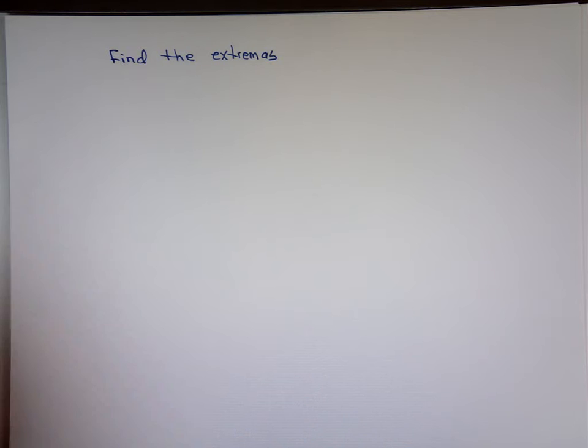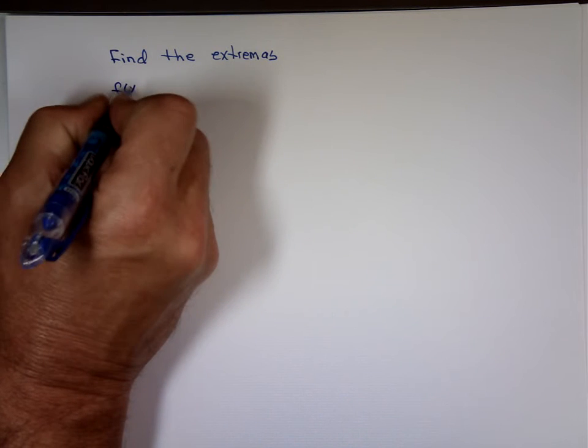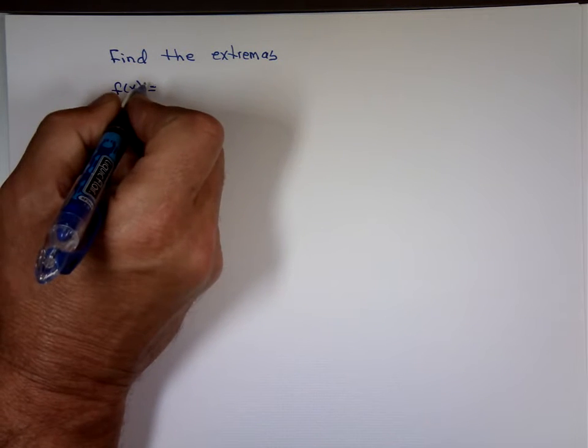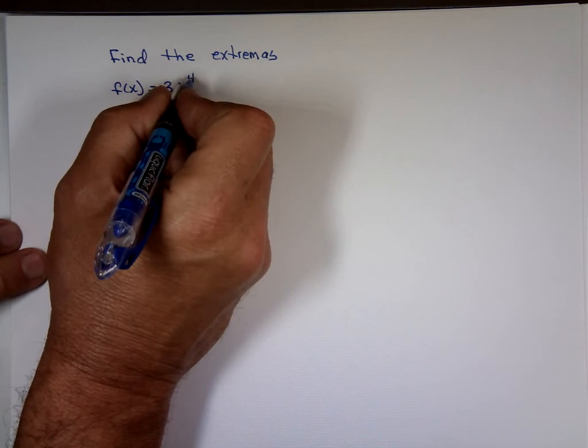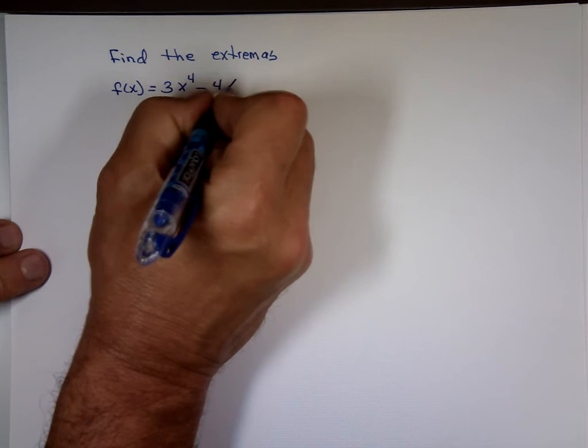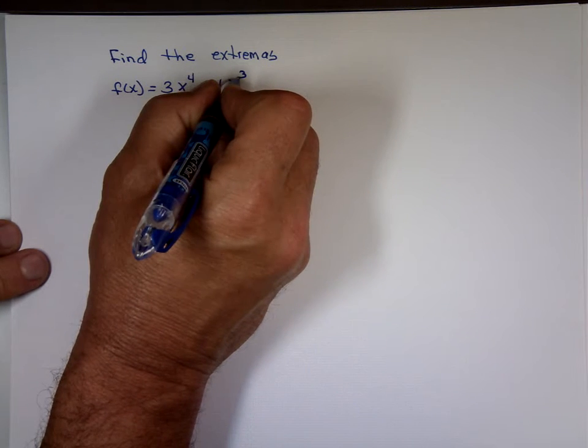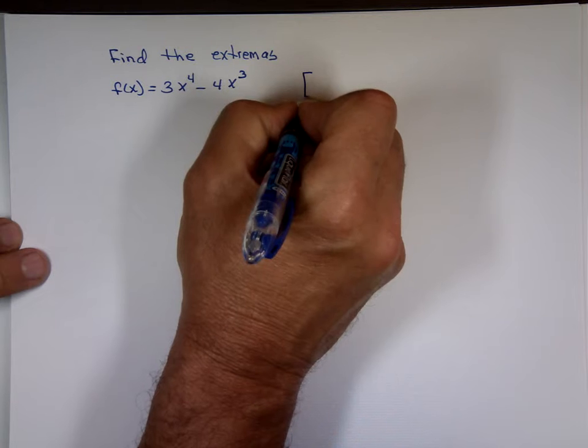My function f of x equals 3x to the 4th minus 4x to the 3rd. And I want you to test it from x goes from minus 1 to 2.